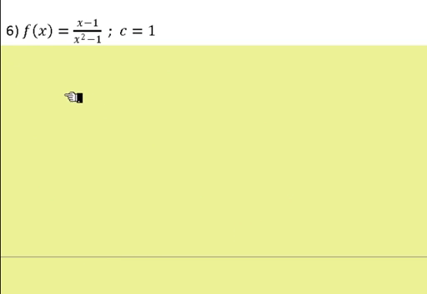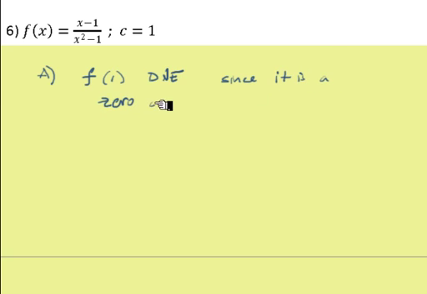Okay, number 6. We want to check A, B, and C. And right away it's going to fail right here. f of 1 does not exist because it's a 0 of the denominator. f of x is equal to x minus 1 divided by x plus 1, x minus 1.